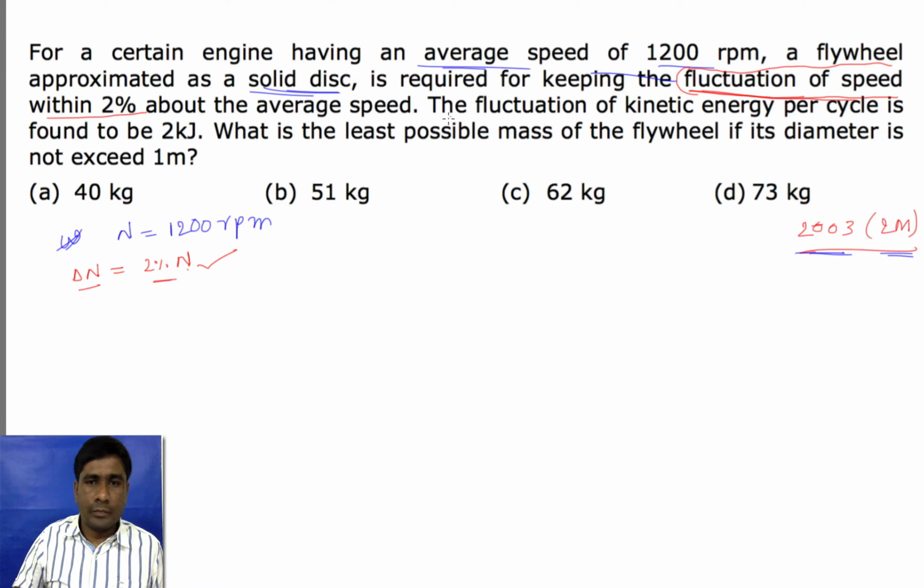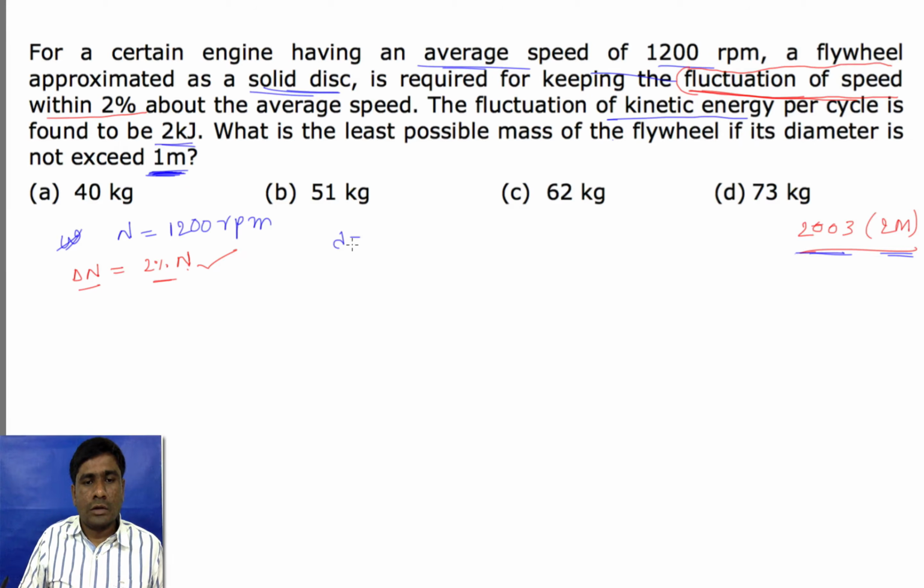next, he has given the fluctuation of kinetic energy, that is delta E is 2 kilojoule. Then he is asking what is the least possible mass of the flywheel if the diameter does not exceed 1 meter. So we take a limiting case, that is, what is the mass of the flywheel if we take the diameter as 1 meter.